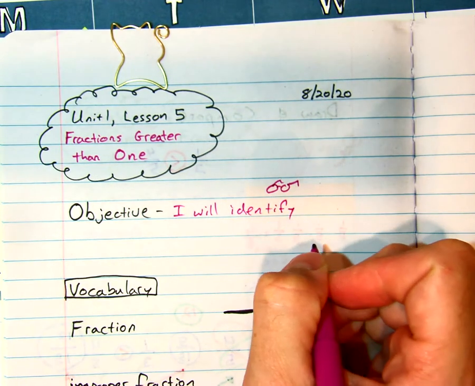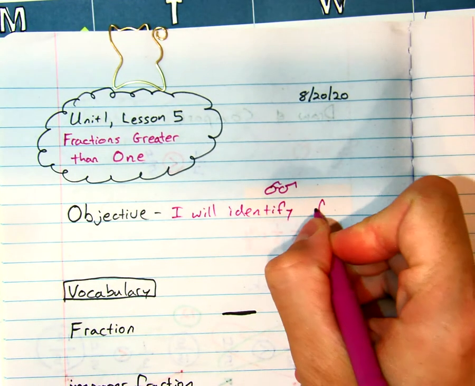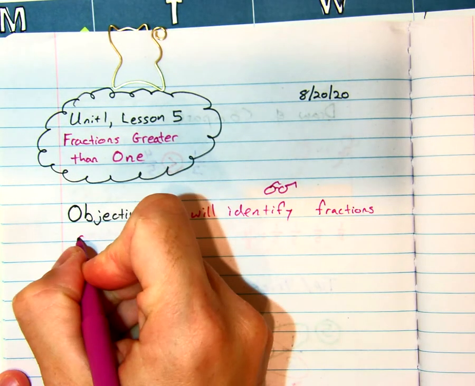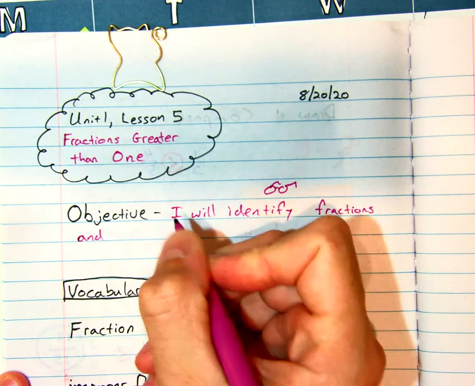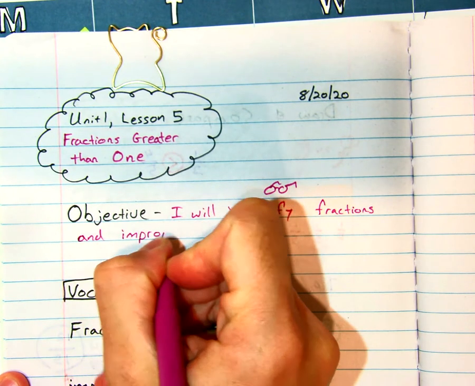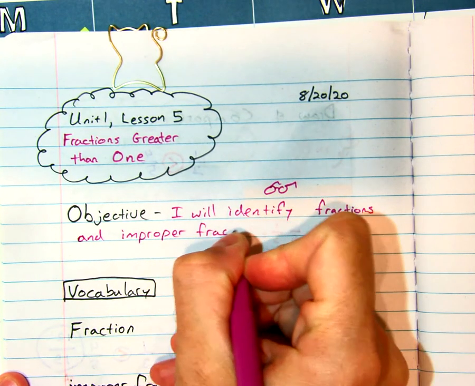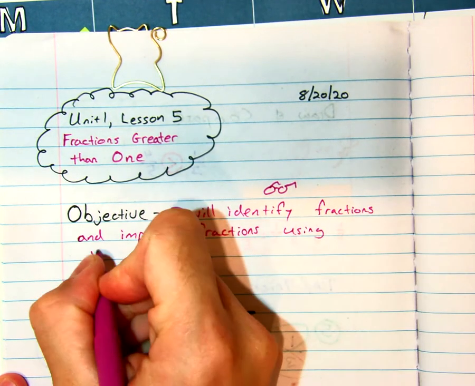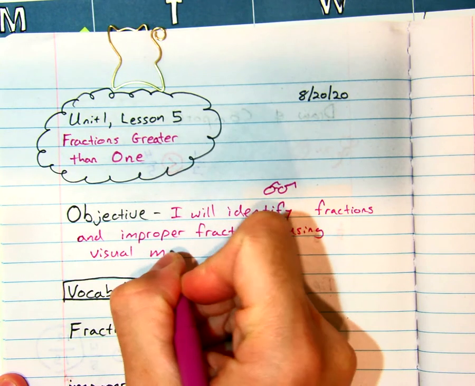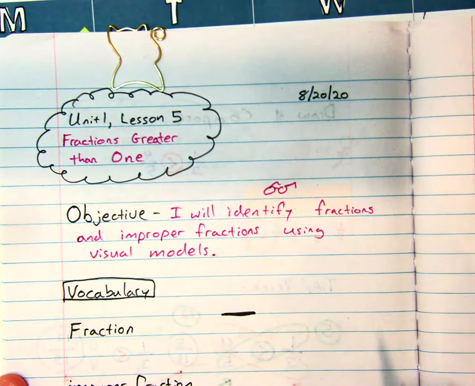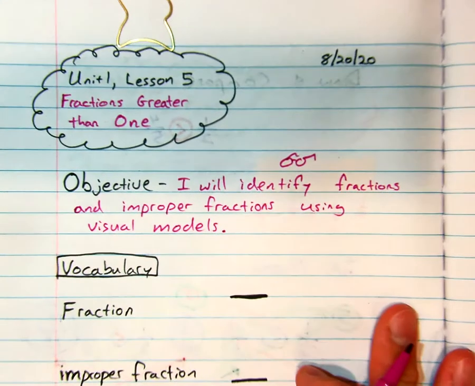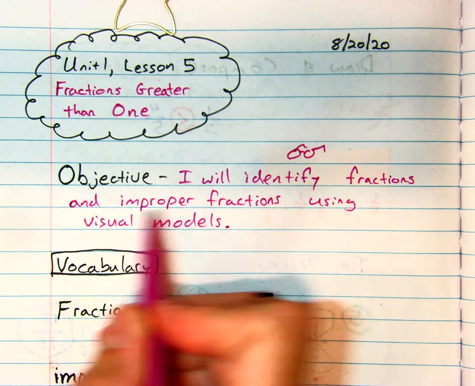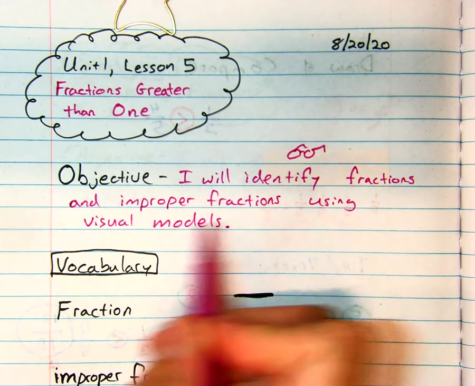We're going to identify fractions and improper fractions using visual models. All right, read it with me, please. Zoom in. I will identify fractions and improper fractions using visual models.